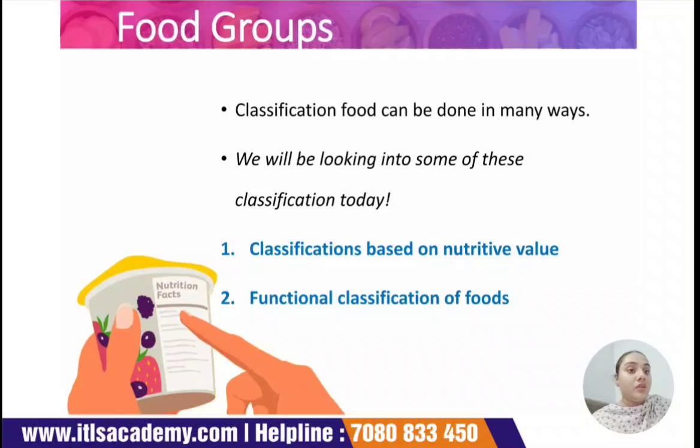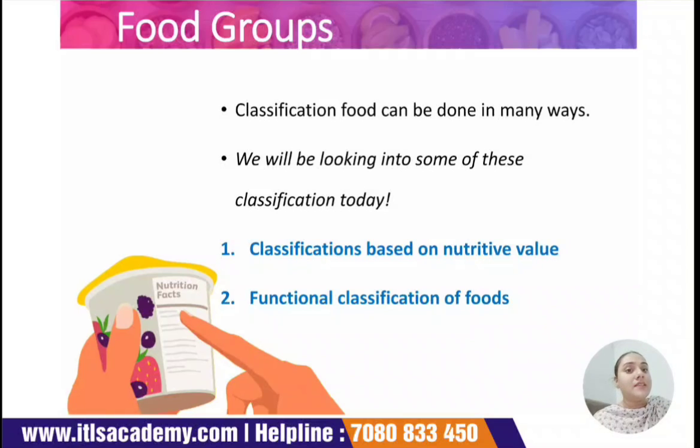Whenever we go into the market and purchase anything, because of an increase in population, people are becoming very aware of what they are consuming, because everybody is very health conscious nowadays. So whenever we go to a supermarket, we see the nutrient and fat contents.